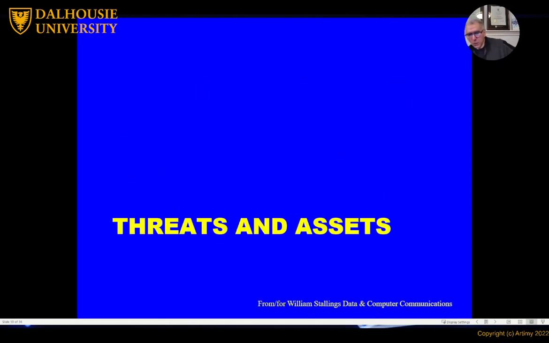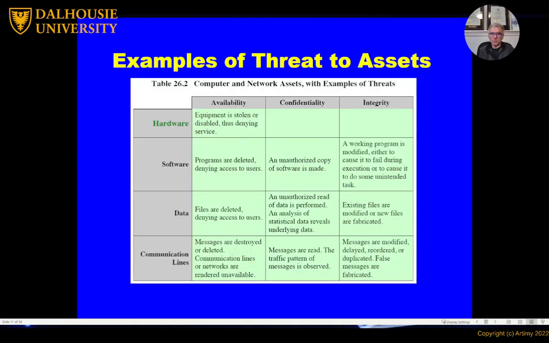Okay, so now we look at some of the threats and assets. So we need to look at the common ones. If you look at the threats possible from the perspective of the three main objectives of security, availability, confidentiality, and integrity, you'll see that, for example, I'm going to just pick a few.